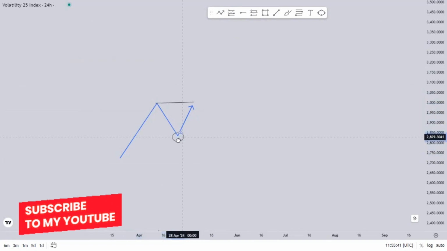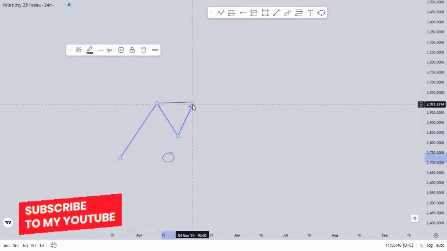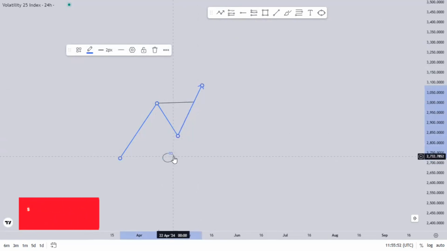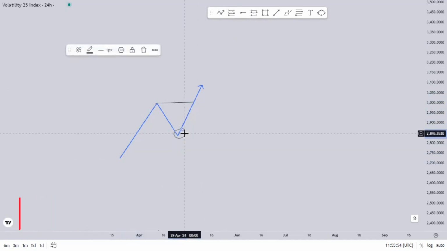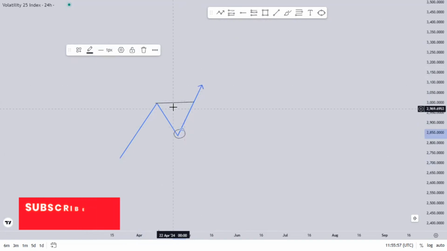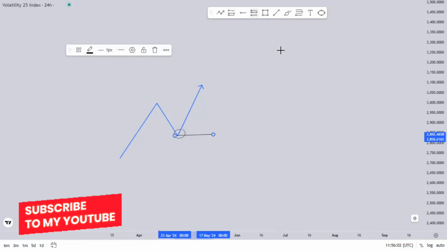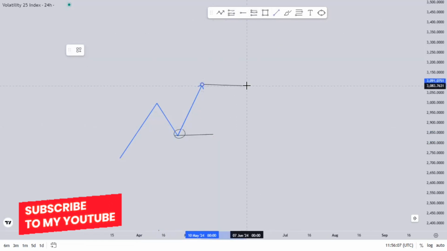That means this low is not yet considered a valid low. It's only considered a valid low when this high is broken. Once it is broken, we move this one as a valid low, and once it starts correcting, we expect a valid high.